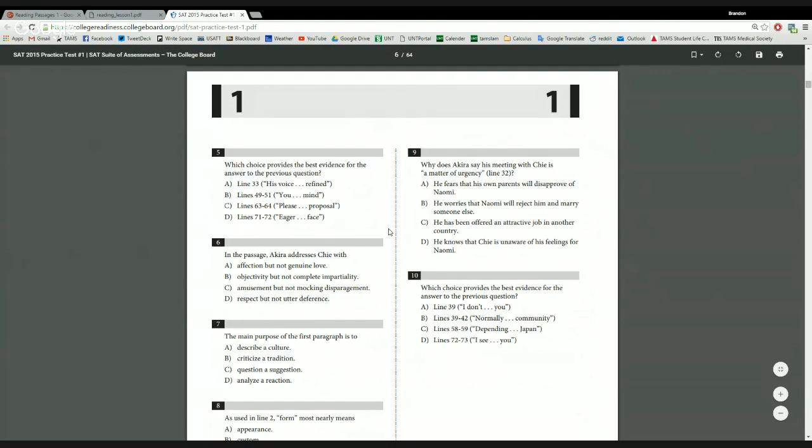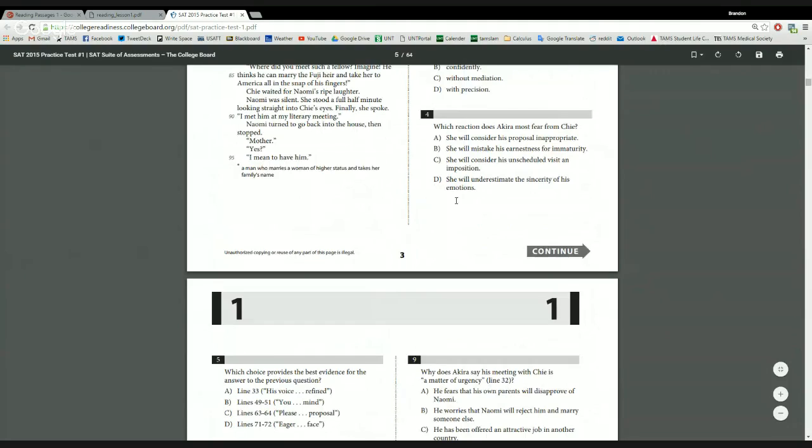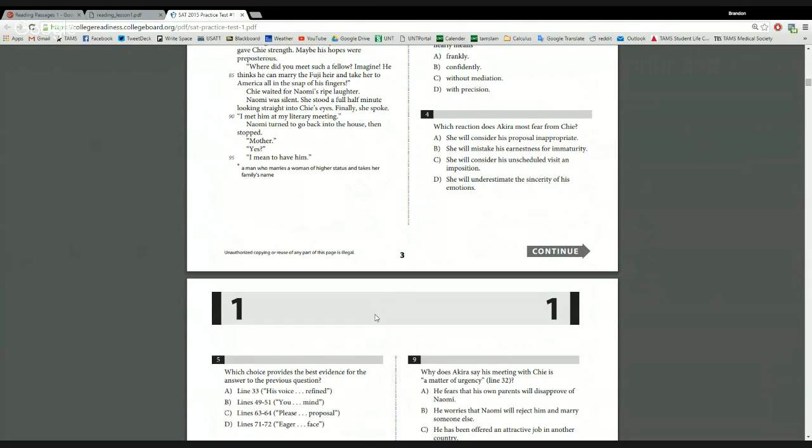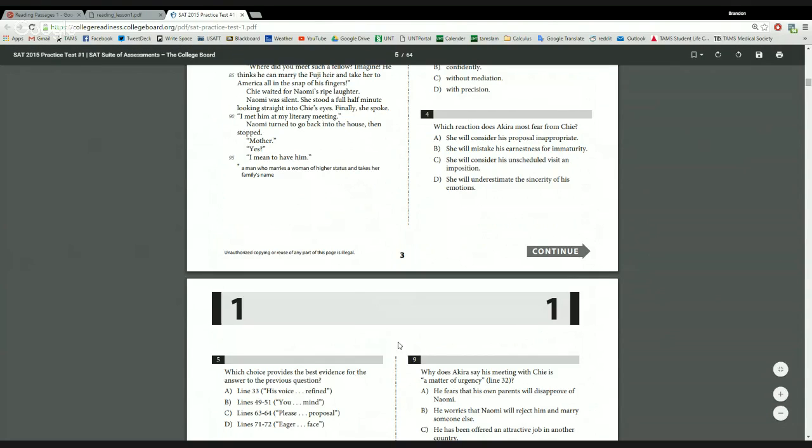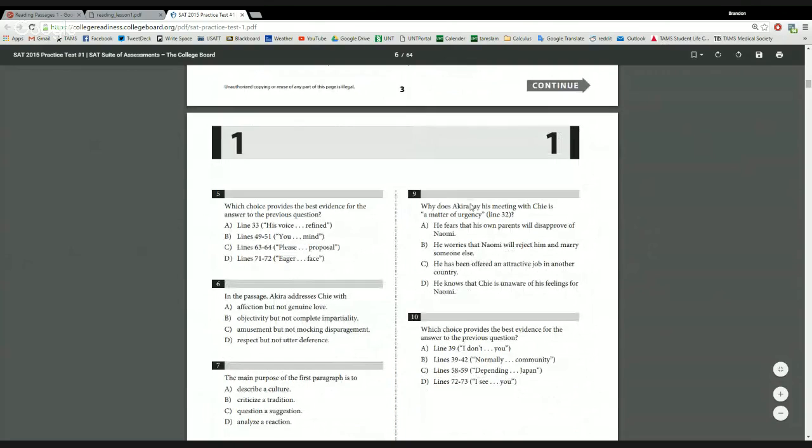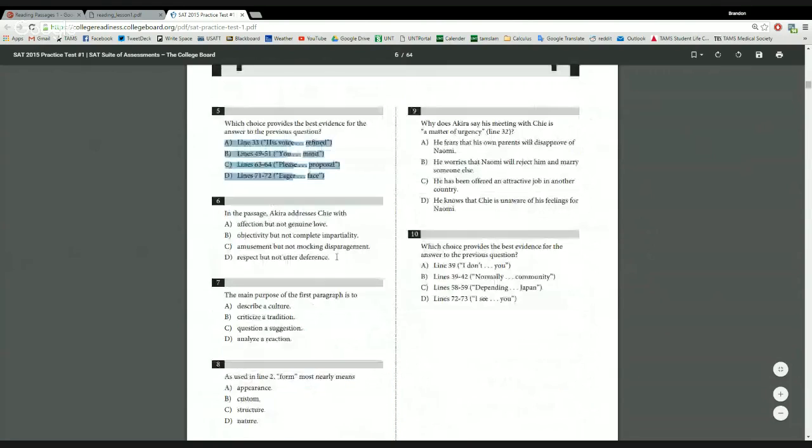Usually the questions that are connected with paired evidence are either hit or miss. If you get the first one right, you get both right. If you get it wrong, you get both wrong. So make sure you know exactly where the evidence is, because it usually leads to the correct answer choice above.